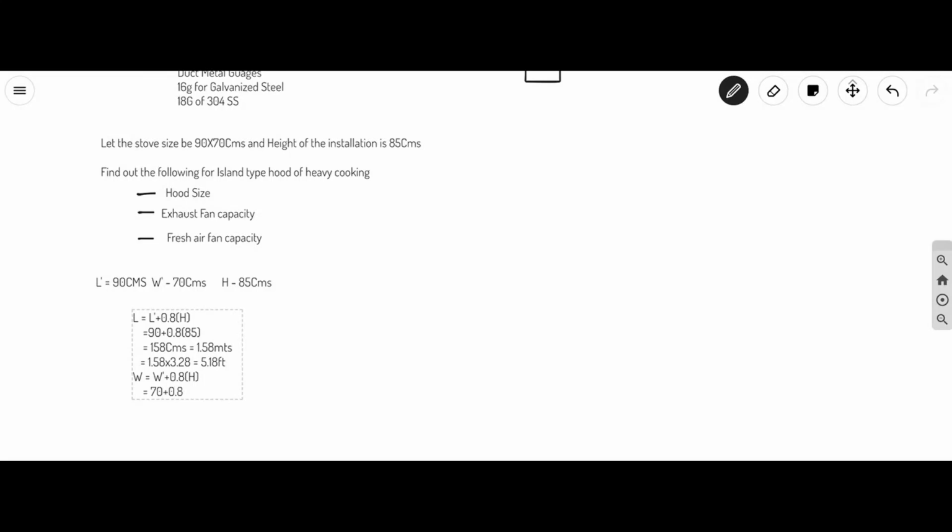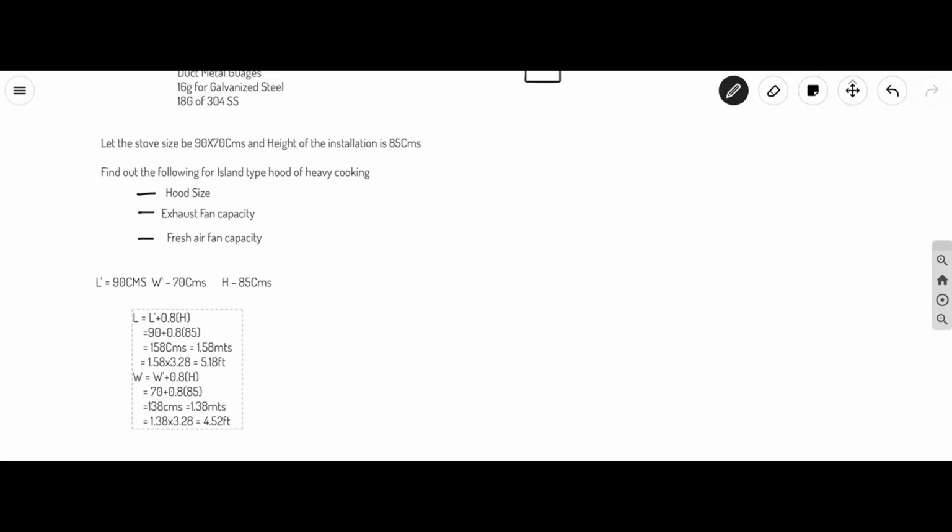How much will you get here? 138 centimeters, which is 1.38 meters. Therefore, 1.38 into 3.28 is 4.52 feet.